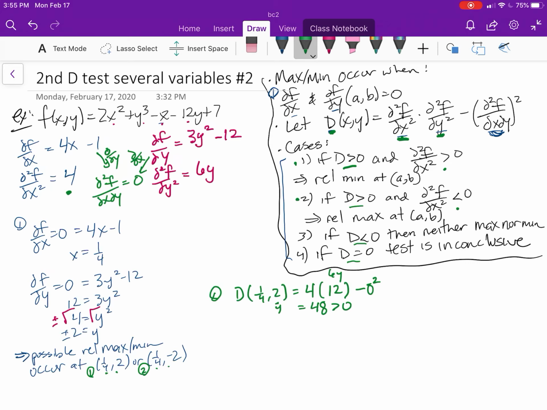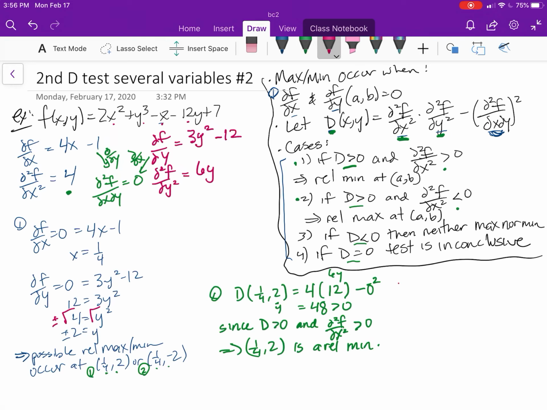Well, that was also positive, right? We got 4. So since d is positive and our second partial with respect to x is positive, that means that 1/4, 2 is a relative min. Okay, that first point is a relative min.